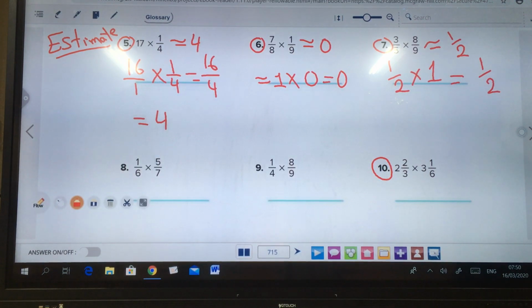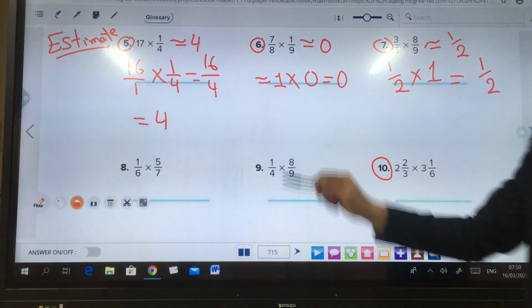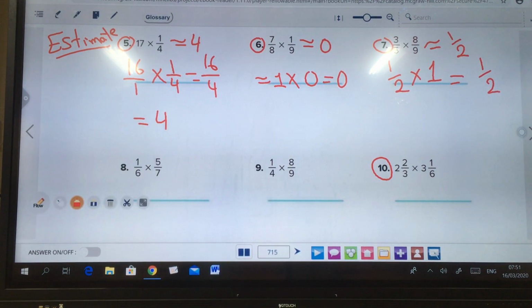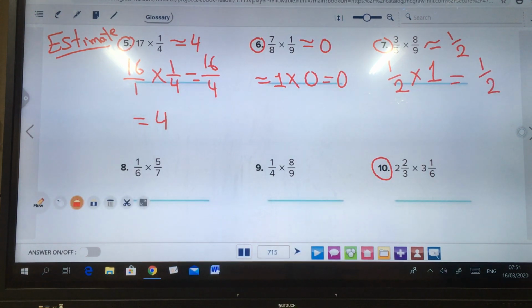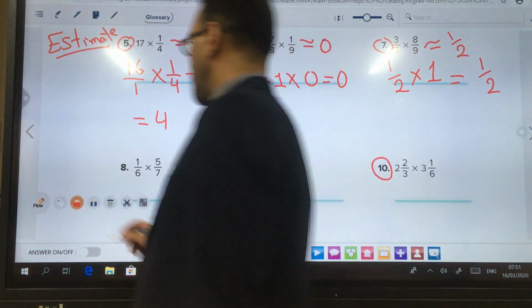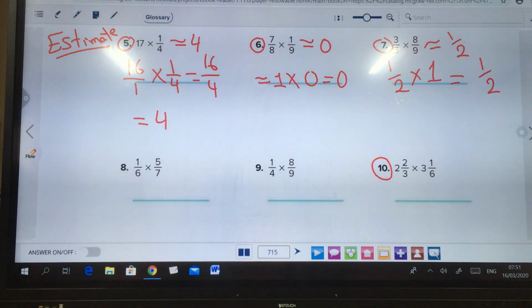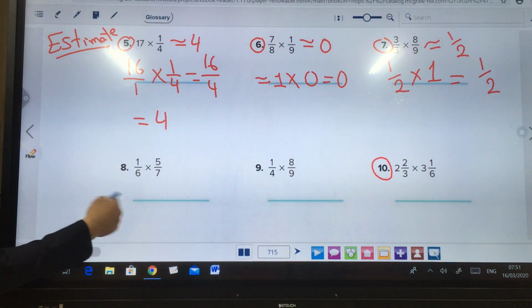I give you a second to think about number 8 and number 9. Good, excellent. Many students have solved them. Excellent, boys. Number 8: 1/6 is closer to what?